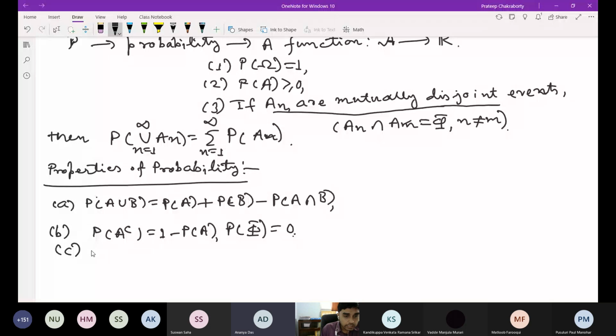And if A and B are two events with A a subset of B, then P(B) is greater or equal to P(A).